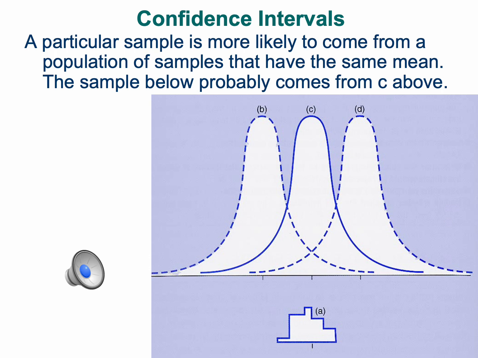The sample below probably comes from the distribution C up above. Now remember, samples that represent the mean really well vary in terms of representing the variability in distributions, but the mean they pretty much match. So it's likely that if you have a mean of a certain value, it'll match the mean of a population. And you can feel confident that the mean is represented.